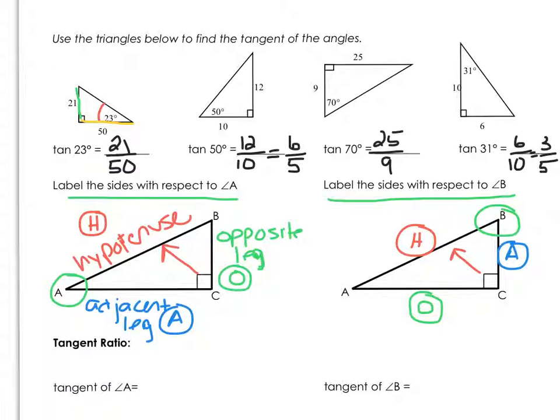So as we said before, the tangent ratio is the ratio of the opposite leg over the adjacent leg.